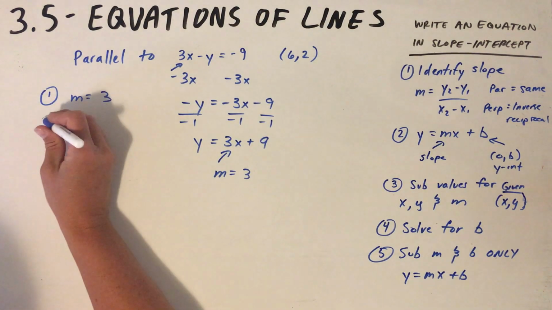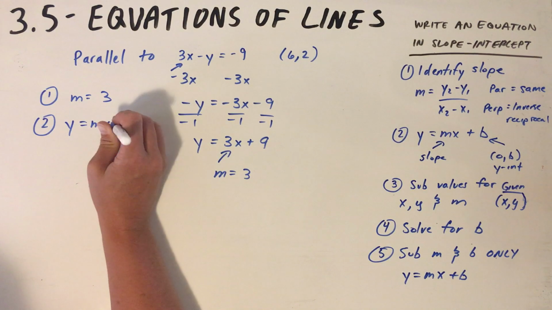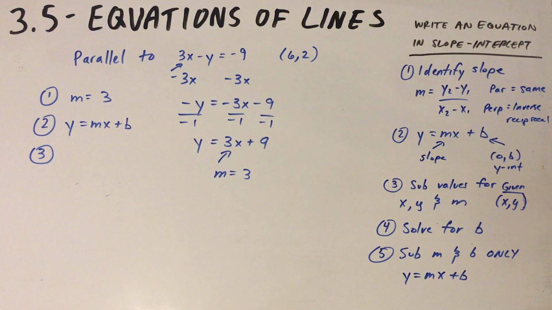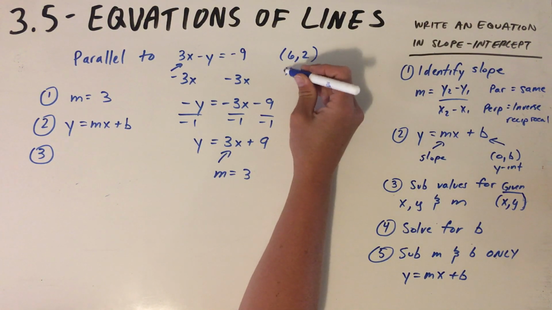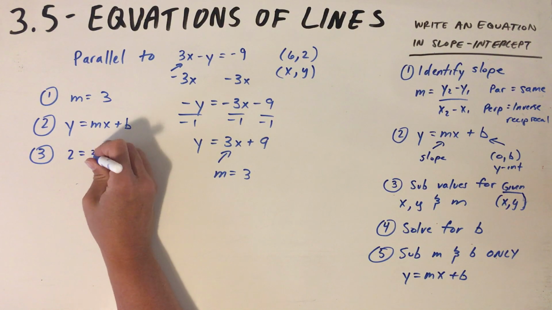Okay, so my next step is I'm using y equals mx plus b. My third step is that I'm going to substitute y, m, and x. So my y value, again, is going to be from this ordered pair that was given. So it's going to be 2. My m is going to be 3.